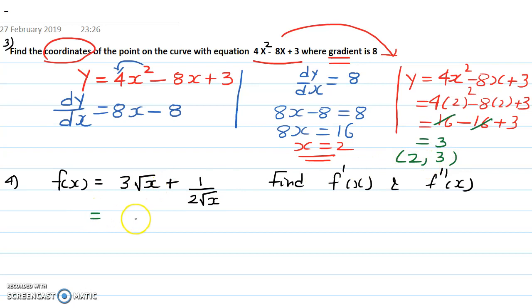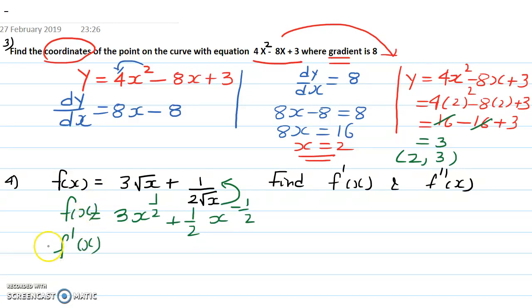Now this question, 3 root x, let's simplify, so it will be x to the power half, and this is 1 over 2. When this goes up, it will be x to the power minus half. When you differentiate f(x), we write f dash x, which is basically the same, d over dx of f(x). So here 1 by 2 is coming forward, so it will be 3 over 2 x to the power 1 by 2 take away 1, that is minus half, and this 1 by 2 is already there.